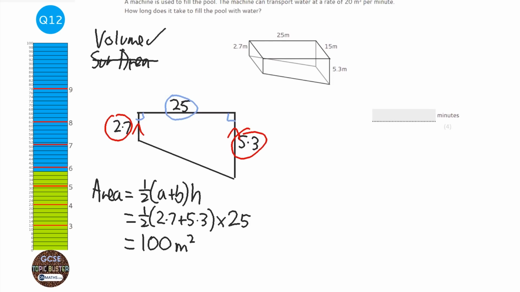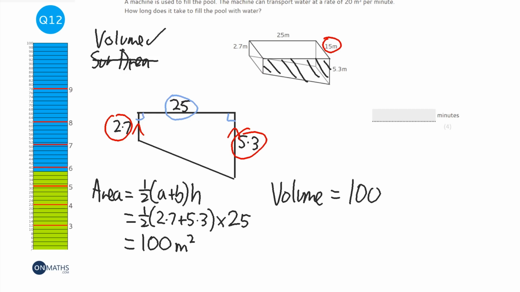Now, for a prism volume, all you need to do is work out the area of the cross section, which is the bit we just worked out, and then times it by how 3D it is. I think they call that the length officially, 15 meters. So the volume is going to be 100 meters squared times 15, which is going to be 1,500 meters cubed.